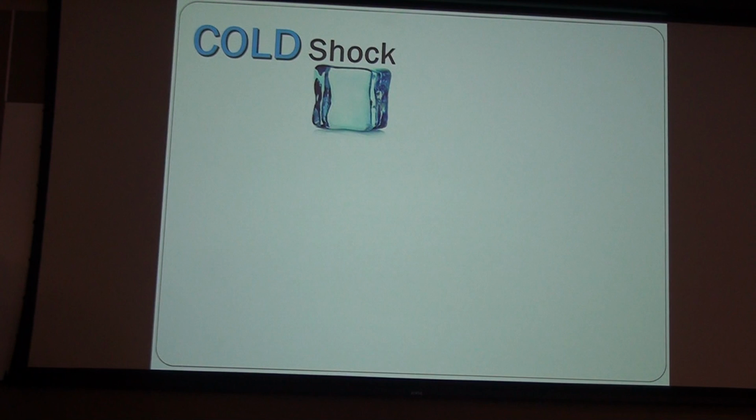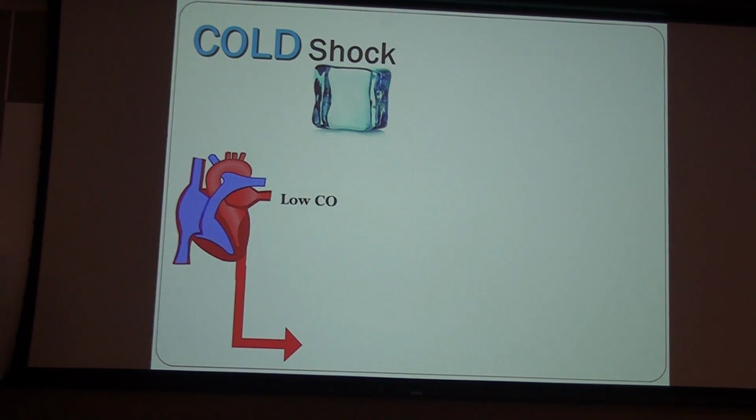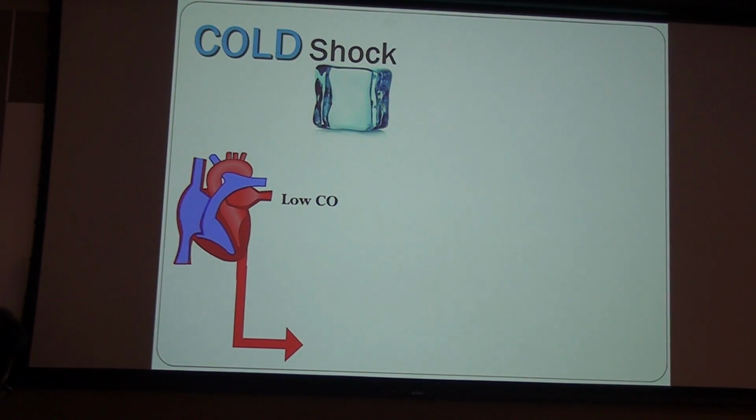All right, so what does cold shock look like? We have low cardiac output. This is a small arrow leading out of the heart, and the red blood is oxygenated blood.